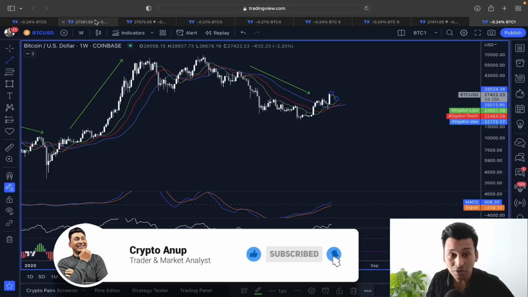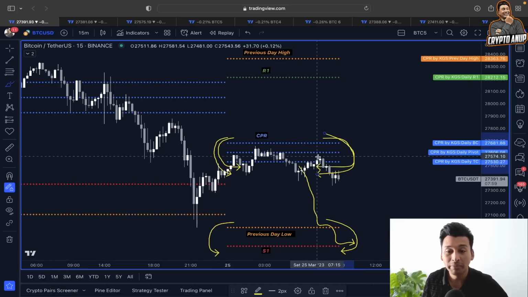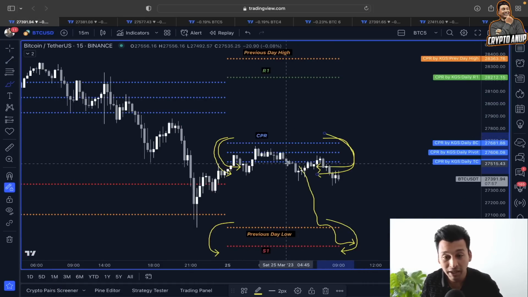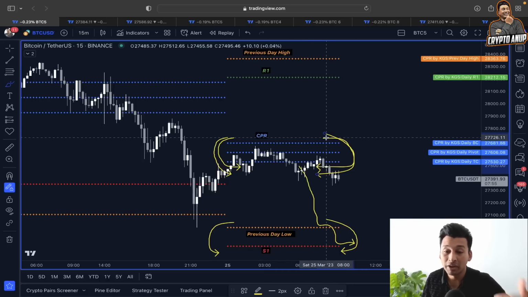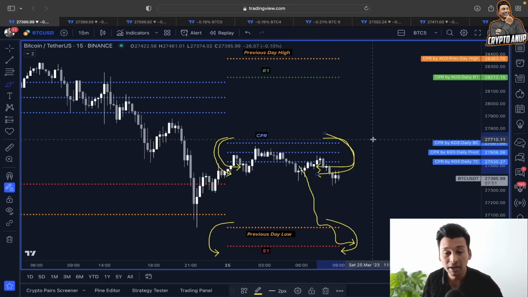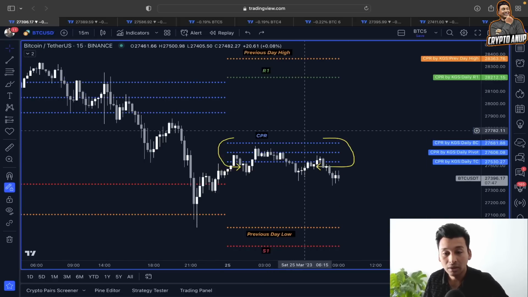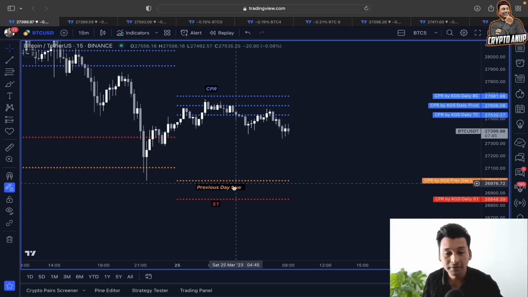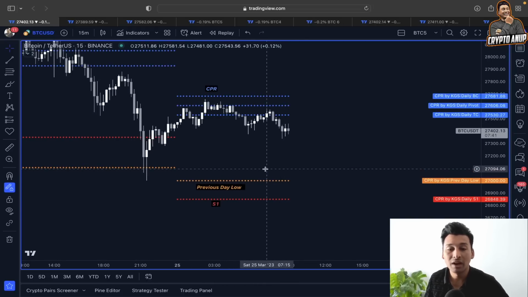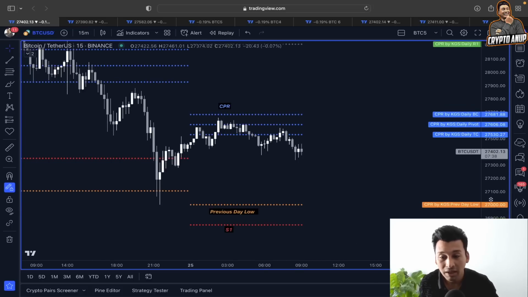So in the medium short term, let's hope that the price of Bitcoin comes back to find support above the CPI line and continues this uptrend. But if the price fails to find support above the CPI line, it will signal a trend reversal, and in that case, the previous two low and S1 around 26,800, 27,000 will be looked at as our potential target for today.